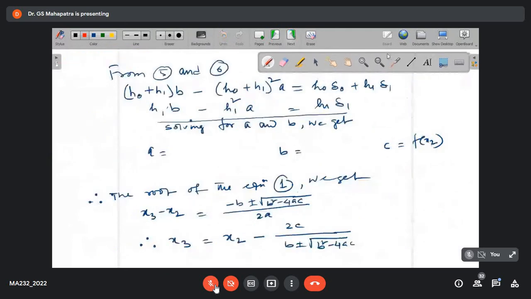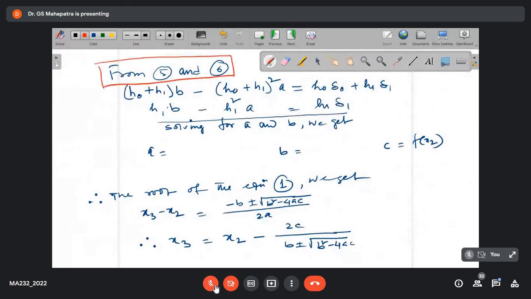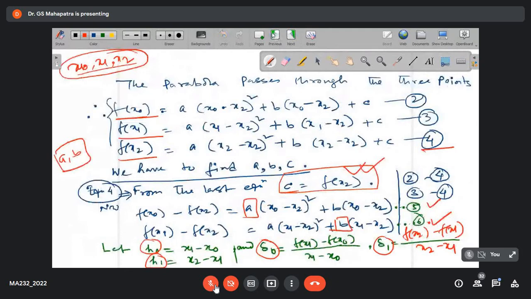From equation 5 and 6, the previous ones. This is equation 5, and this is equation 6, and using h naught, h1, del naught and del 1, we'll get this type of form.